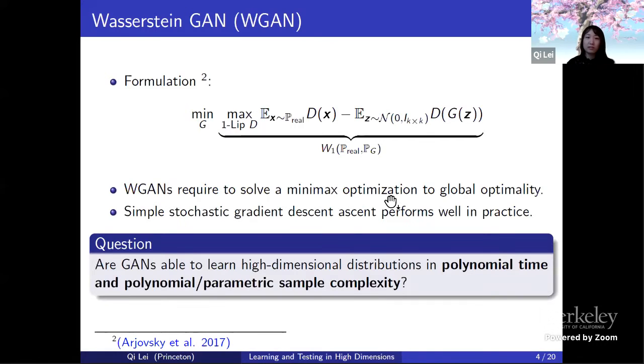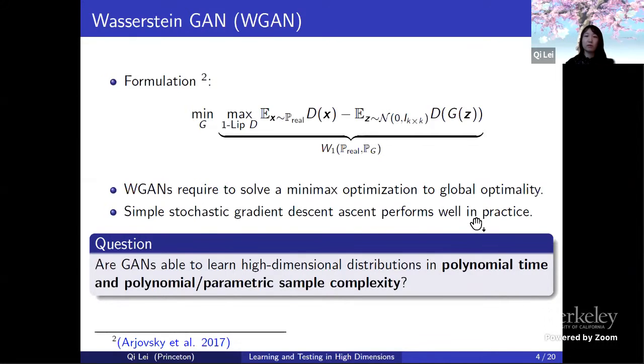However, in practice, some simple heuristics like stochastic gradient descent ascent usually perform well. So there naturally arises the question: are GANs able to learn high-dimensional distributions in polynomial time and polynomial sample complexity with simple heuristics like stochastic GDA?